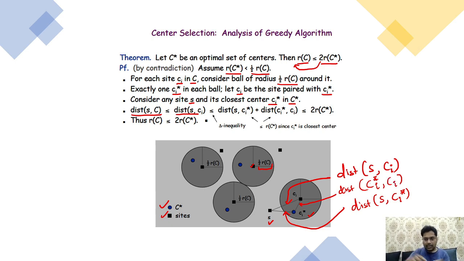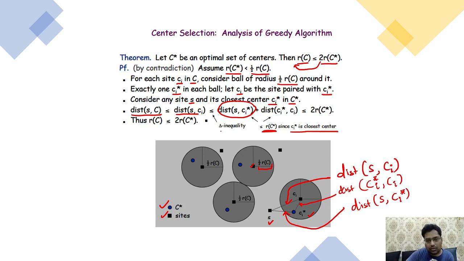This is what the triangle inequality says; as per the triangle inequality, this condition follows. So this one is less than the optimal radius, because Ci star is closest to it. That's why we say it is R of C star.